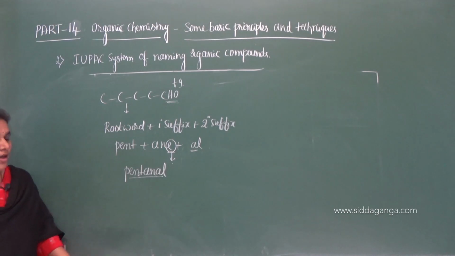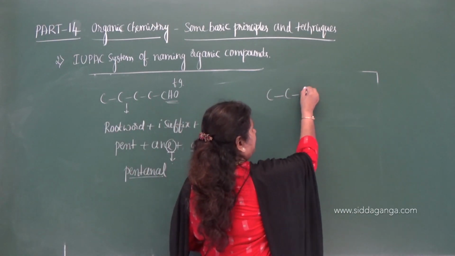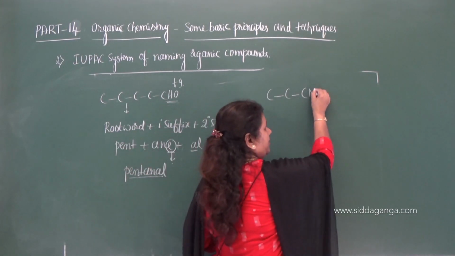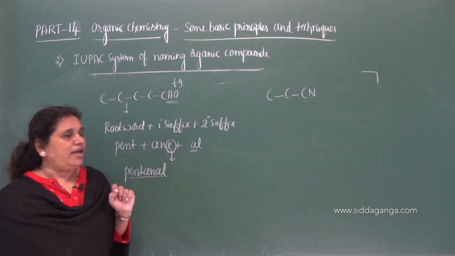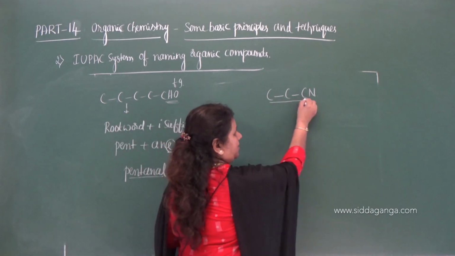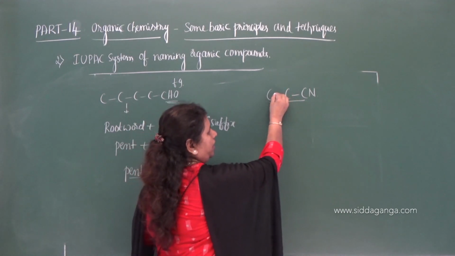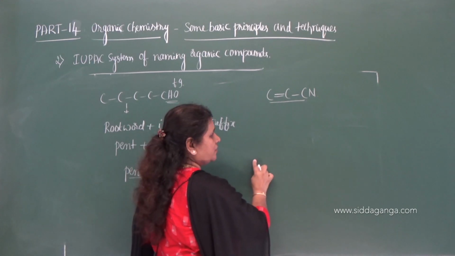Now let me give one more example. There are 3 carbon atoms in the selected carbon chain, and it contains cyanide as a functional group. And this contains 1 double bond, so it becomes unsaturated.